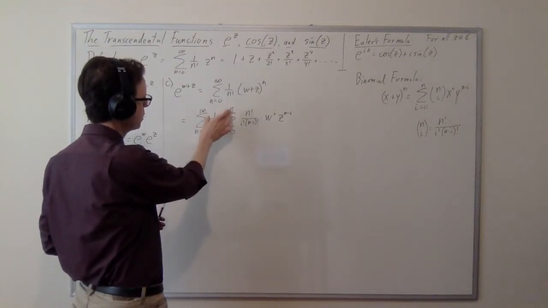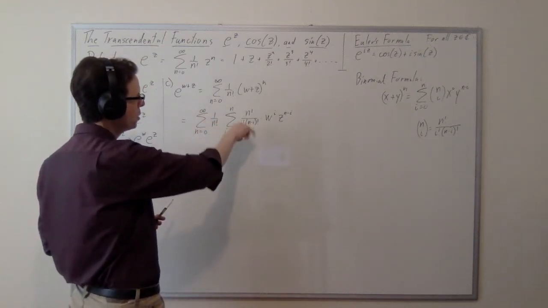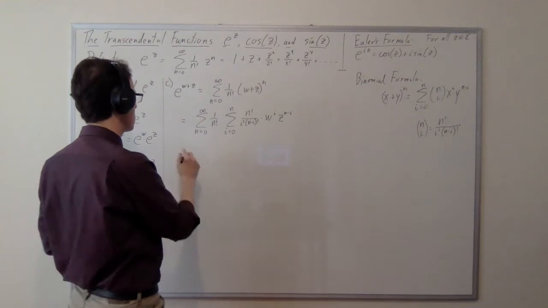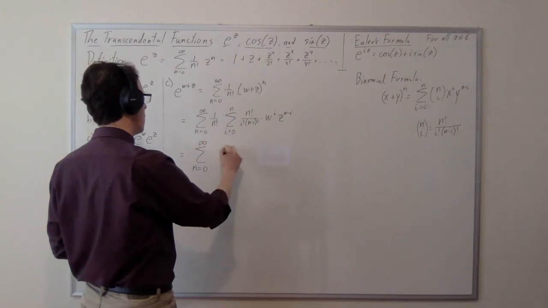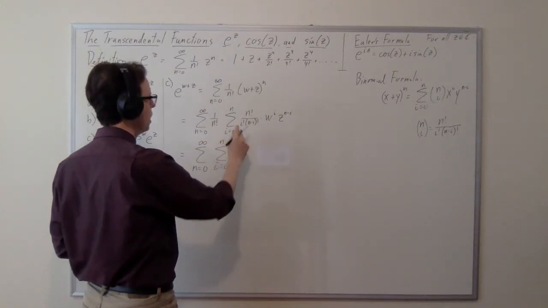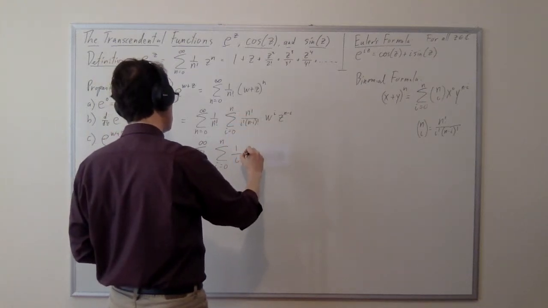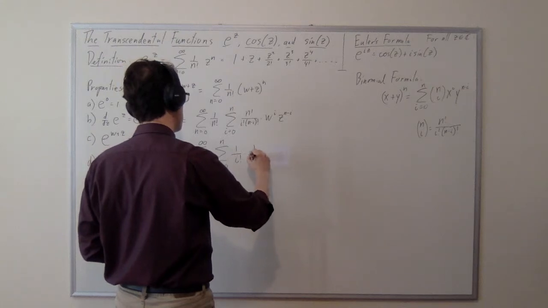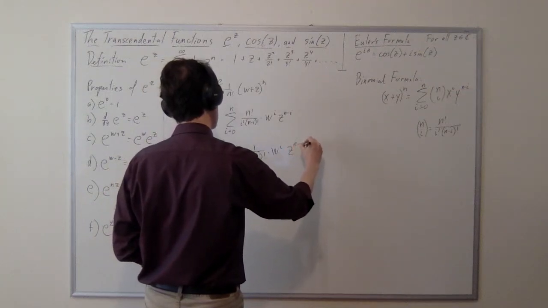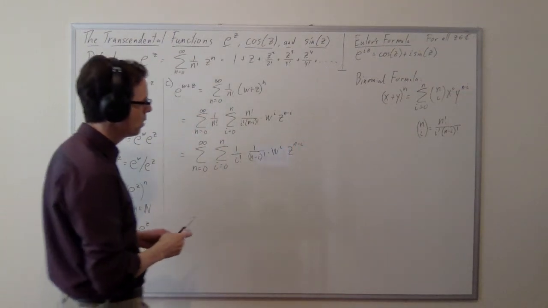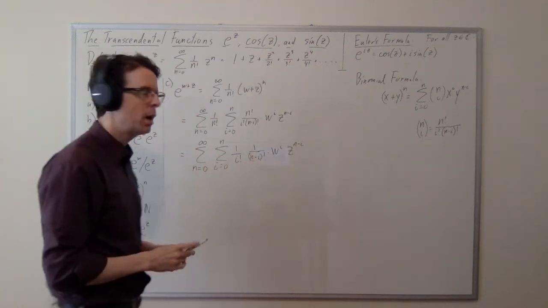I would like to pull this out here and start canceling the n factorial. I can't pull this out because it depends upon I, but I can push the n factorial in. And if I push the n factorial in, then it will cancel this n factorial. So let's do that next. This is the summation n equals 0 to infinity of the summation I equals 0 to n of, now push this in and cancel it, 1 over I factorial times 1 over n minus I factorial times w to the I times z to the n minus I. And now notice that we've got n minus I. Let's combine those.